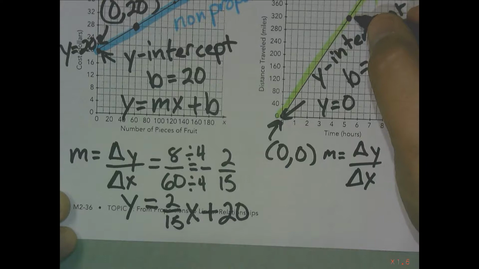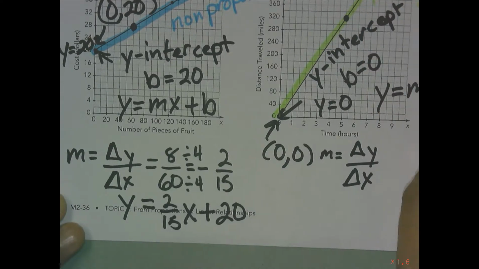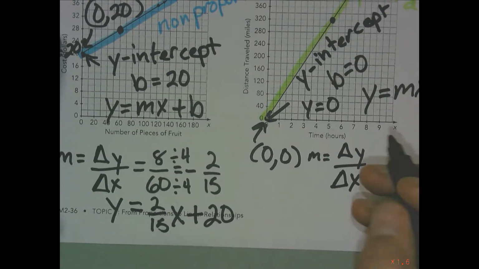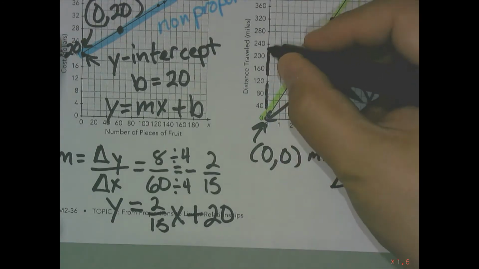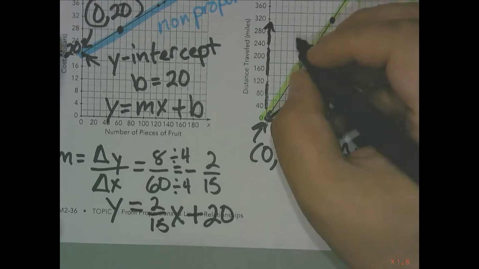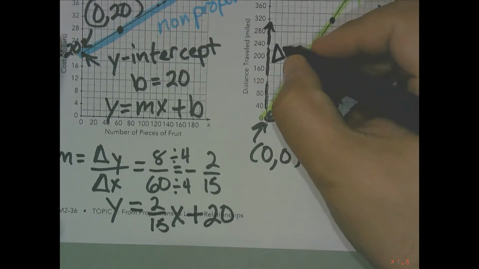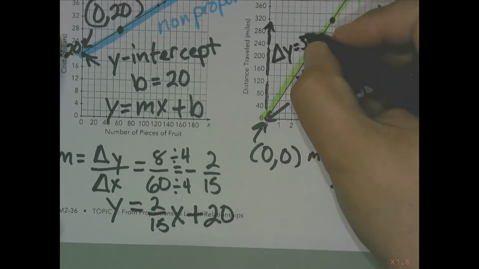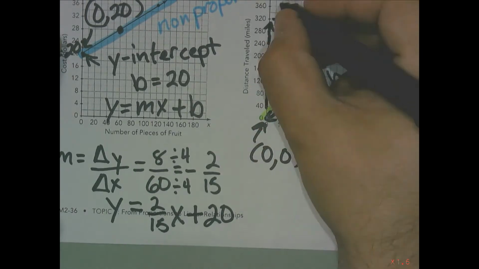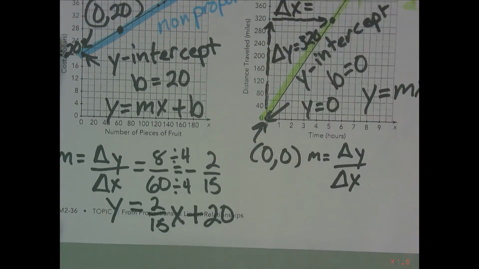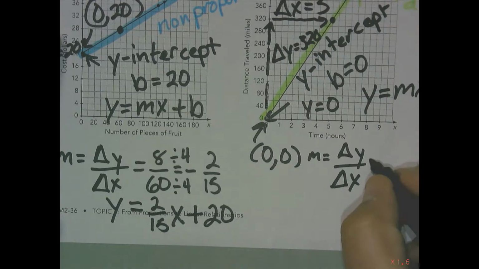Now that looks like my line is crossing right on the crosshairs of the grid. So now if I look at that, my change in y, how much I go up? I go up 320, so that would be my change in y, 320. And then I'm going to go over, that's my change in x, that corresponds to 5.